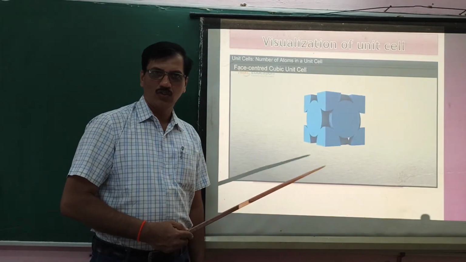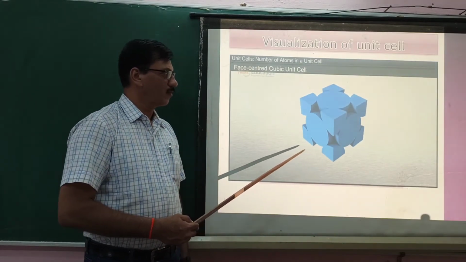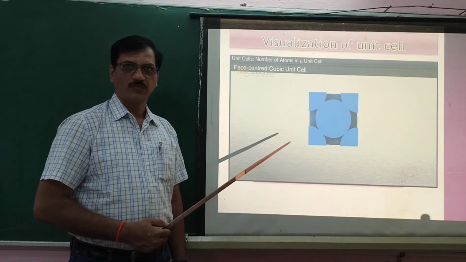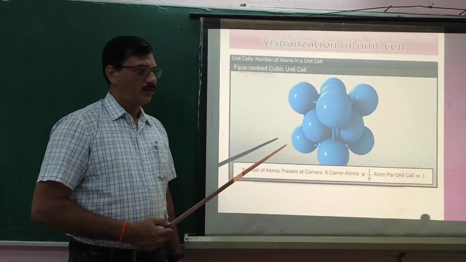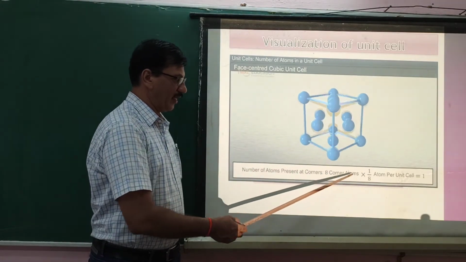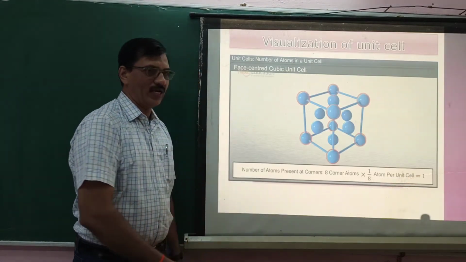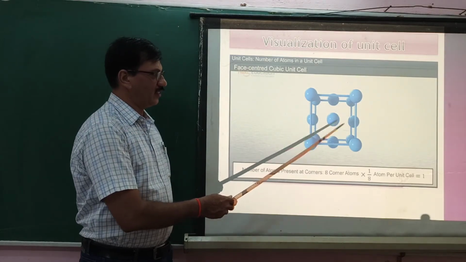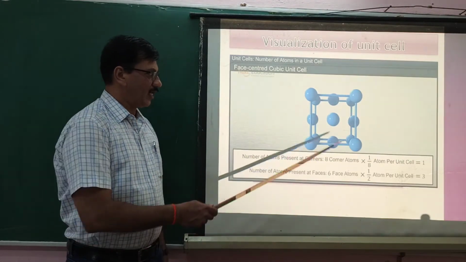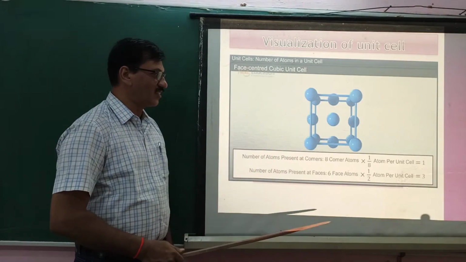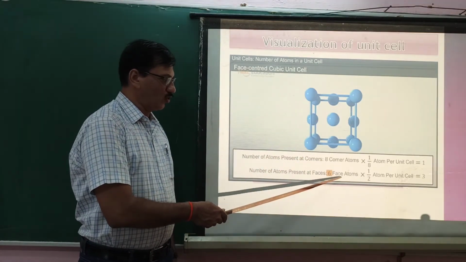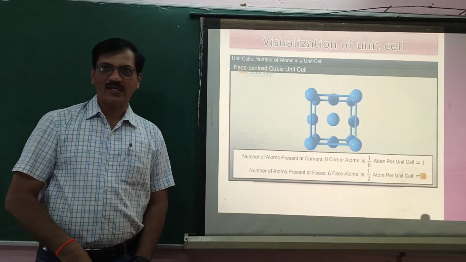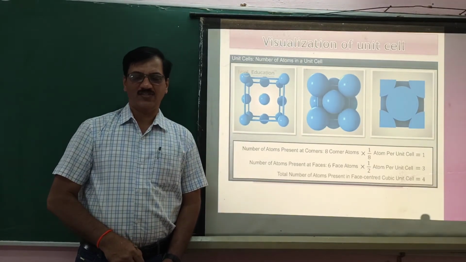Same logic to be applied for the atoms at the center of the faces. There are 6 atoms at the center of the faces, and only half of each belongs to the unit cell. Therefore half of 6 is 3. So 3 atoms belong to the face centered unit cell.